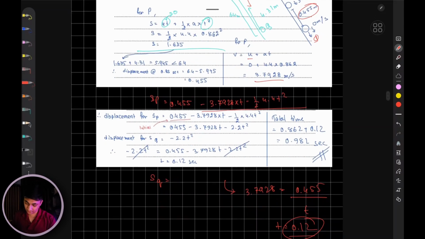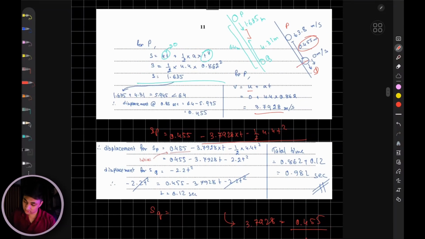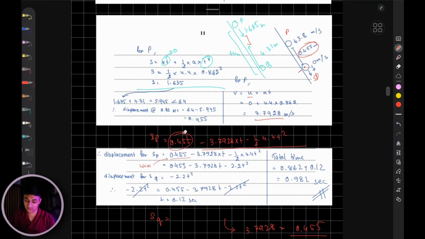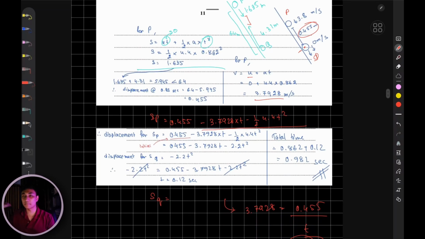SQ is going to be, there is no initial displacement in case of Q, because Q is in this position. So, compared to its own position, the displacement is 0, which is why we're not going to add any constant over here. The reason we added a constant in case of the equation for P is because there is an initial displacement between P and Q. However, compared to itself, there is no displacement for Q, of course, which is why 0.